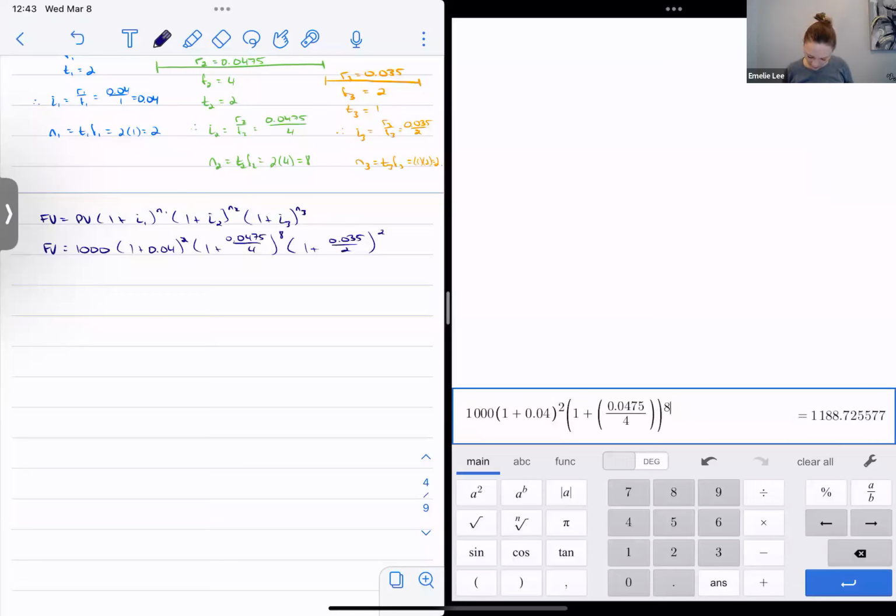And step it down: bracket 1 plus bracket 0.035 divided by 2, close that bracket, to the power of 2.